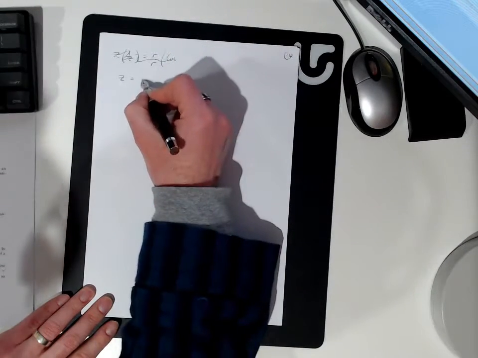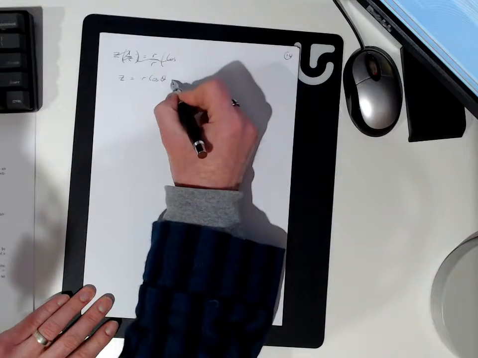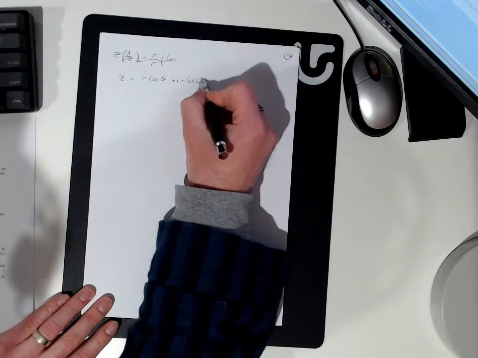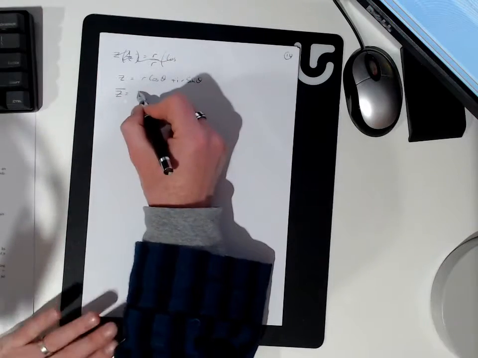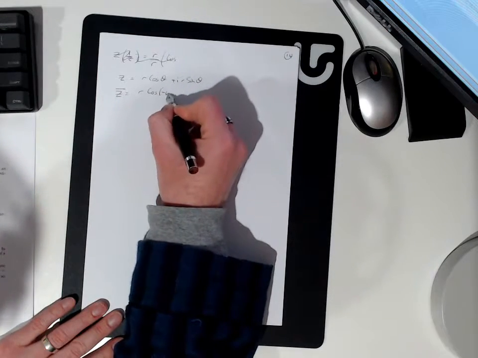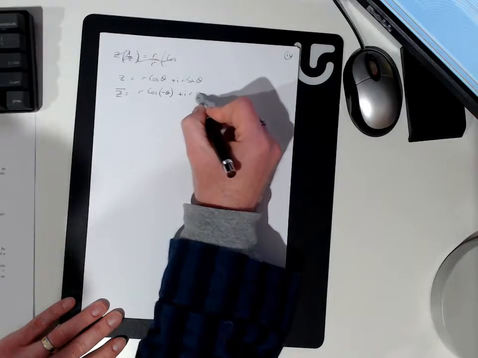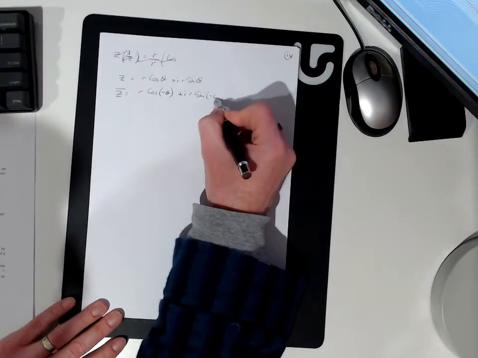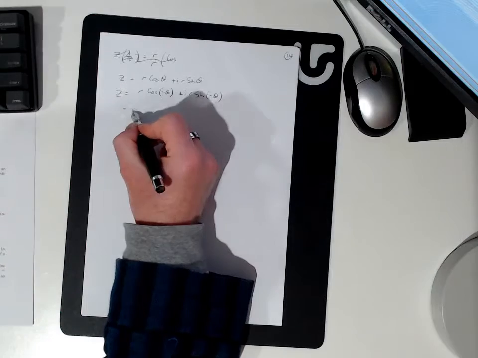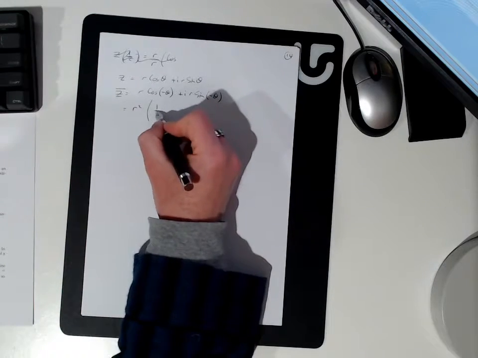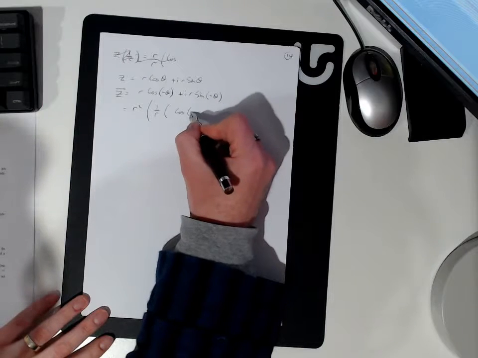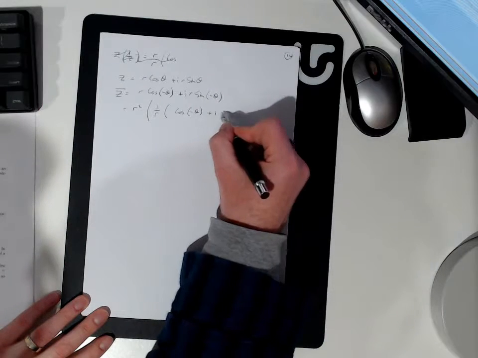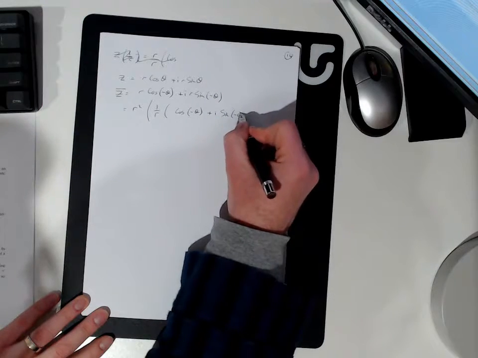Z equal to r cos theta plus i r sine theta. So the complex conjugate of this is, we've proven it before, r cos minus theta plus i r sine minus theta. And this is equal to r squared times 1 over r times cos minus theta plus i sine minus theta.